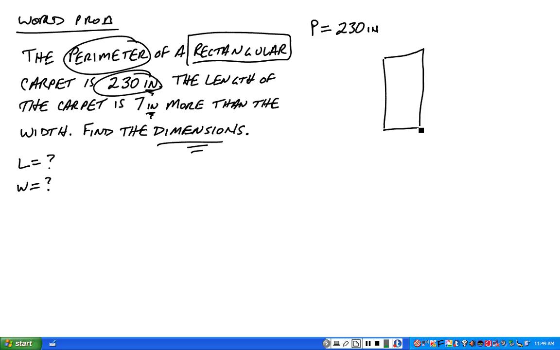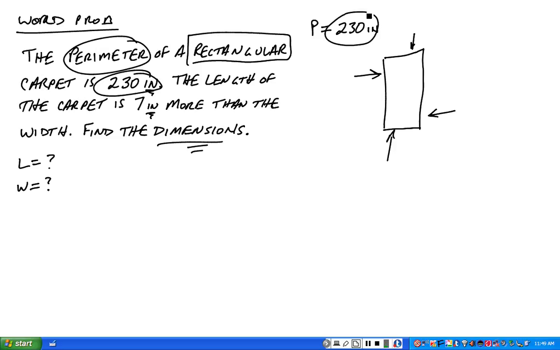Not the prettiest one, but it'll be okay. Now we know perimeter is gathered from totaling up all the sides. So this side plus this side plus this side plus this side. Add all that up to get 230.